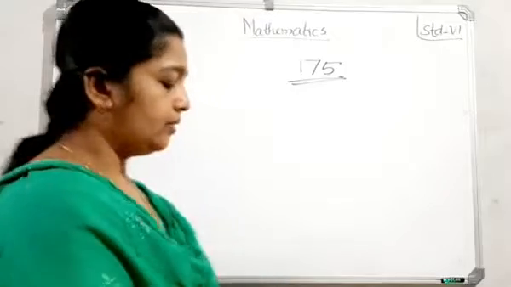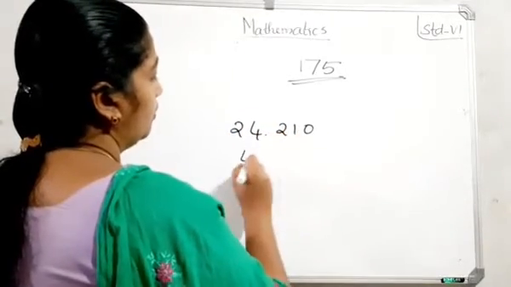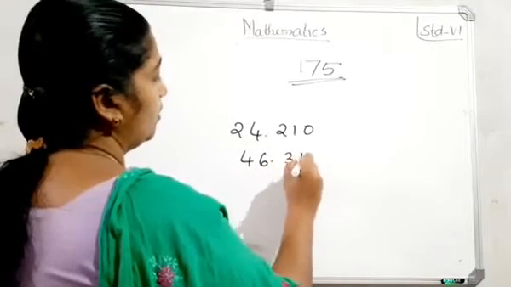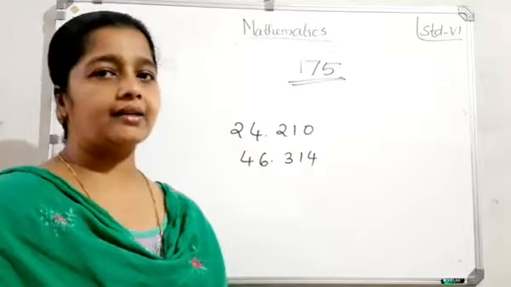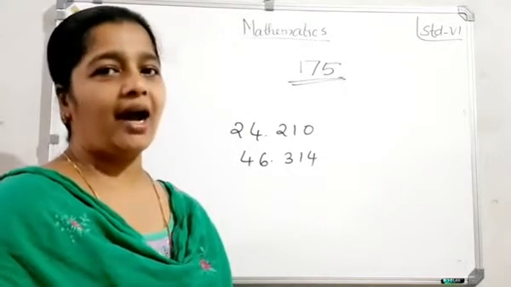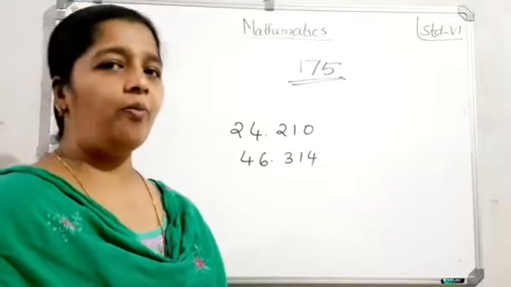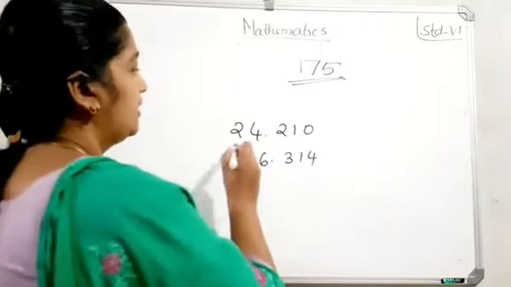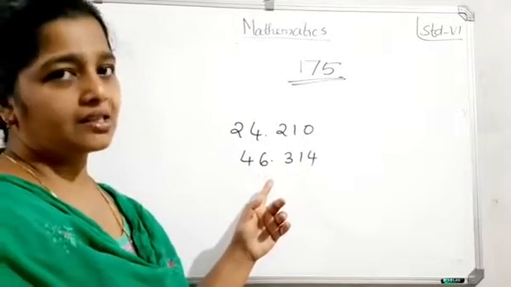So listen. First of all, 24.210 and 46.314. Here, two decimal numbers are there. How can we identify which is greater and which is smaller? First step, we want to check the whole part. Here 24 is the whole part and 46 is the other whole part.